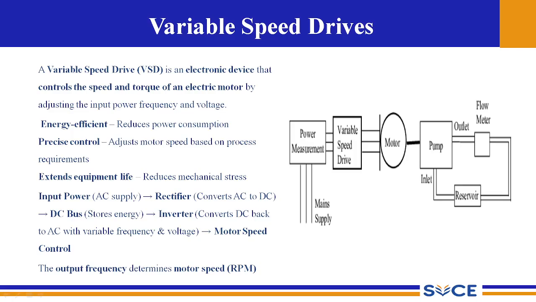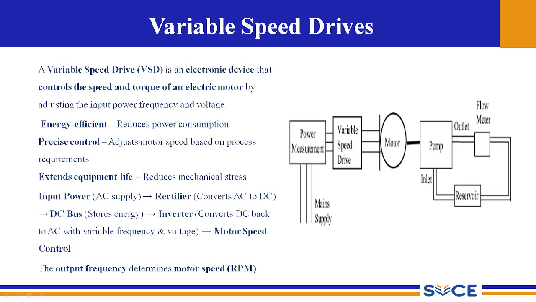So if the speed and the torque of an electric motor is very less, then accordingly the flow rate of the pump discharge will reduce. So this variable speed drive is a regulating device which sends out the electrical signals to control the speed and the torque of an electric motor. So this will be done by adjusting the input power frequency and the voltage.